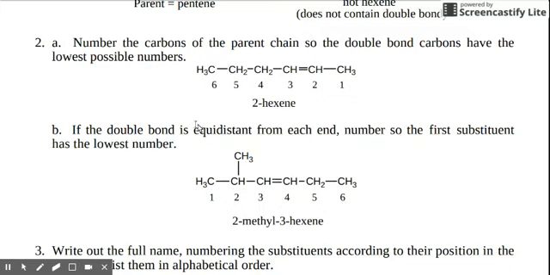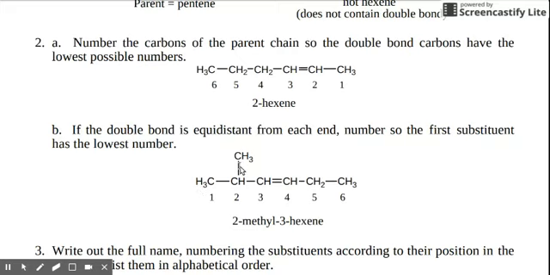Now, if the double bond is equidistant from each end, left or right, so the first substituent has the lowest number. So substituent means branch. So your double bond is in between 3 carbons to the right and 3 carbons to the left. But you see that on the left, that's where you have the branch.